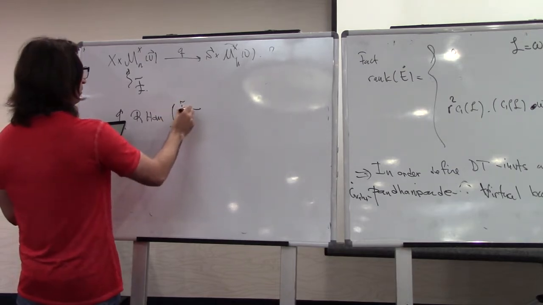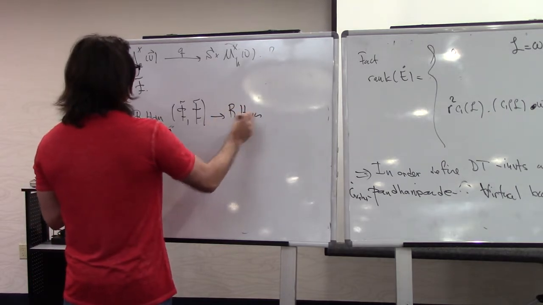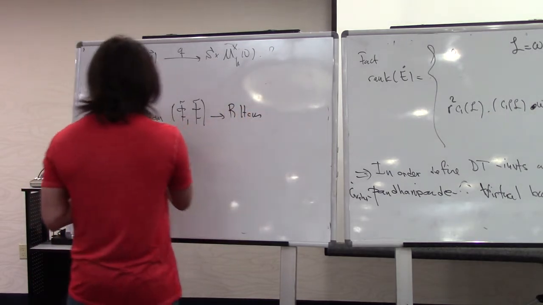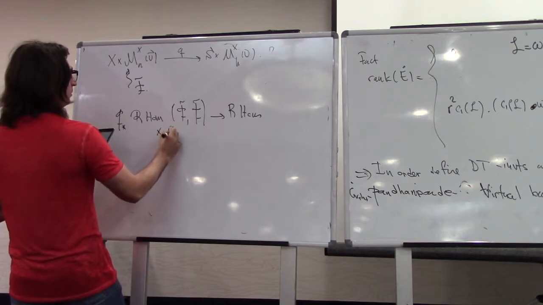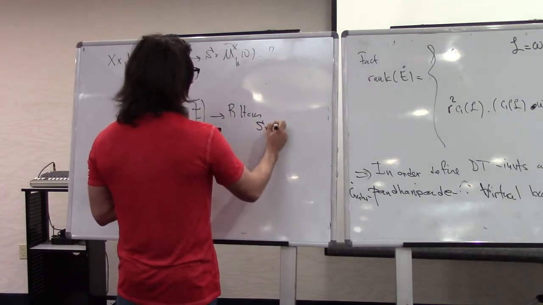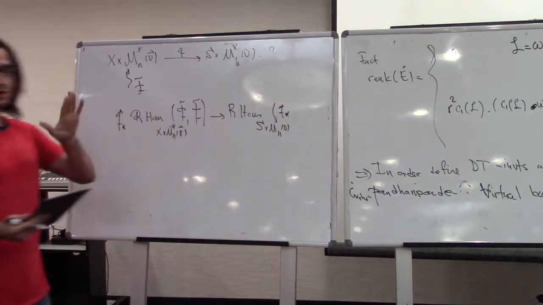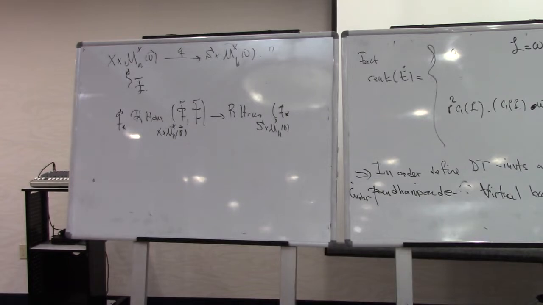So we will take this RHom, F tilde, it maps onto RHom. This is over X times the moduli space. This is over S times the moduli space. And then since the maps are affine maps, they wouldn't have higher cohomologies.